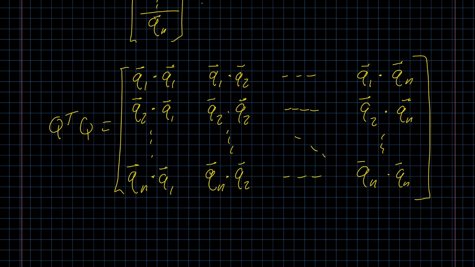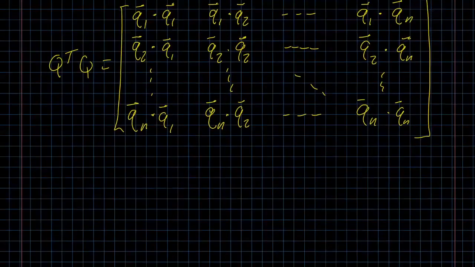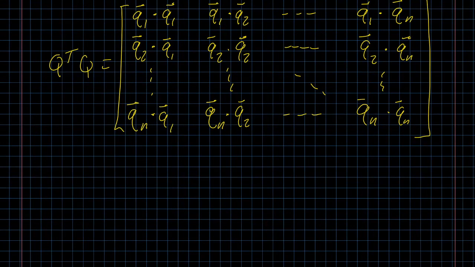Now, what I wanted to prove was an if and only if statement. So far, I haven't done anything to address that. I've just given some notation, some naming to the matrices in question. One of the conclusions we had was that Q transpose times Q is equal to the identity matrix.